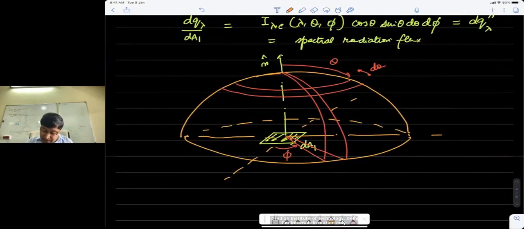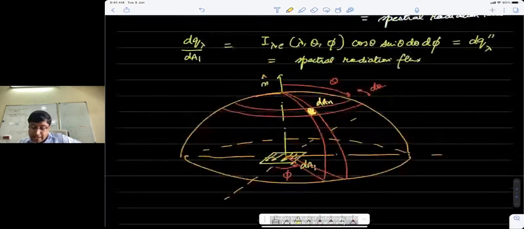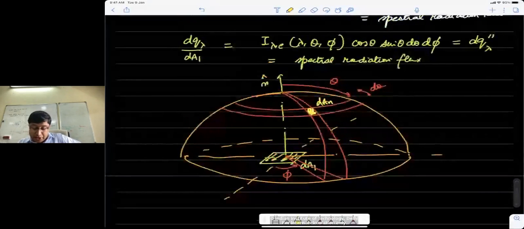So the intersection of these lines is what gives me this area dA on that hypothetical hemisphere. So I'm going to calculate how much is going through one area, which I have already defined as dq_lambda double dash.